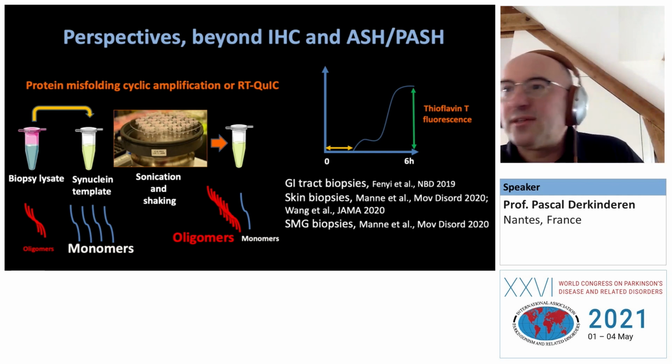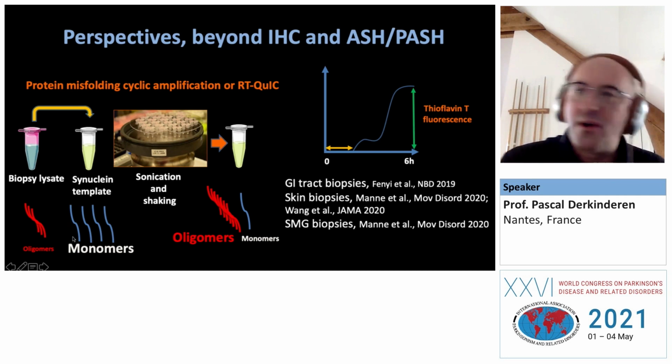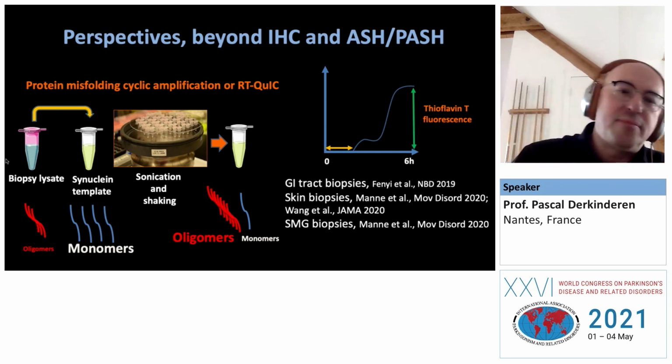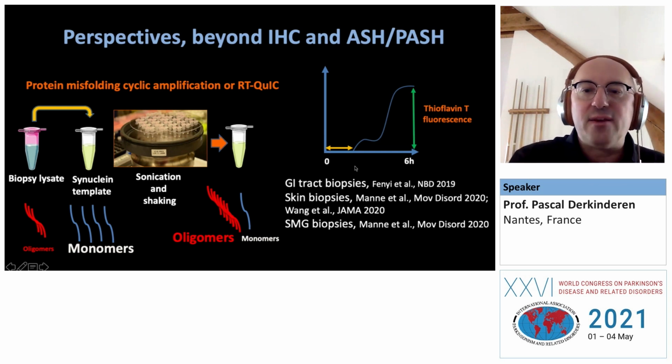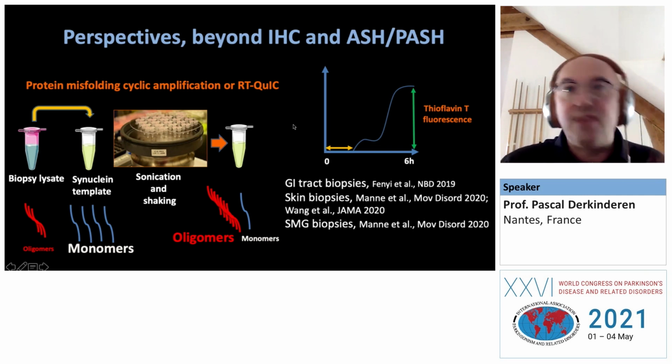They are based on the fact that if you've got a very small amount of pathological alpha-synuclein and a large amount of soluble alpha-synuclein, then if you sonicate and shake the samples, monomers will turn into oligomers, and you will be able to quantify them using thioflavin T fluorescence, and it gives a black or white result.